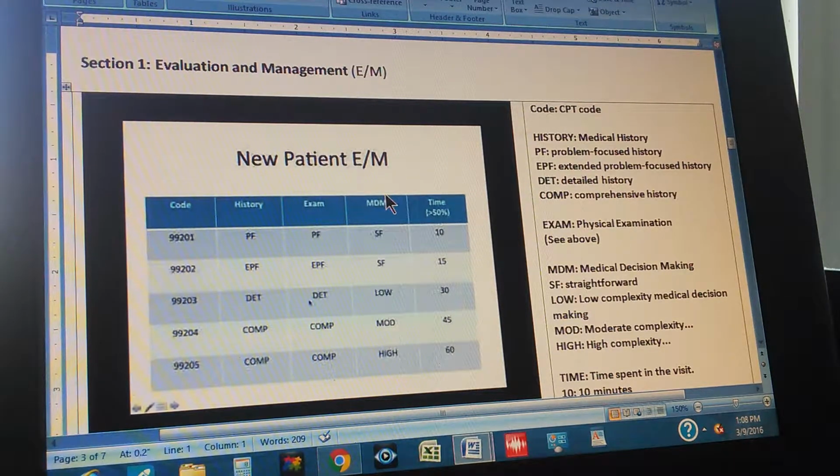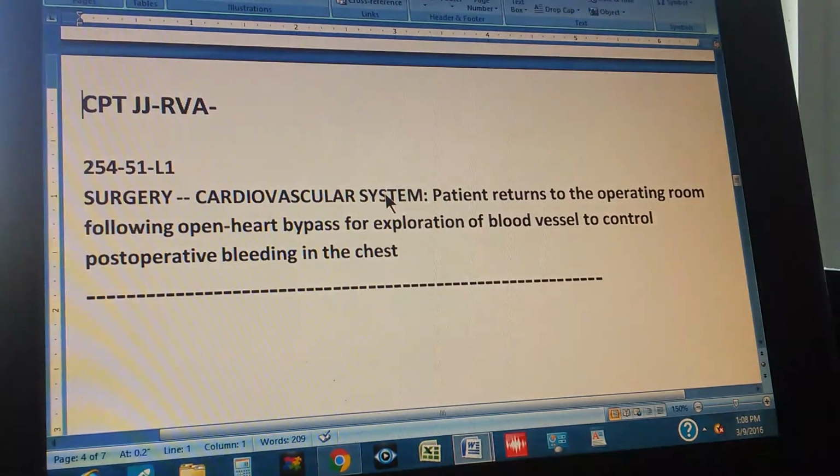Ready, set, go. Okay, the problem is CPT JJ-RVA, page 254, exercise 51, and this is a level 1 exercise, and it reads like this. Surgery, cardiovascular system. Patient returns to the operating room following open heart bypass for exploration of blood vessel to control postoperative bleeding in the chest.